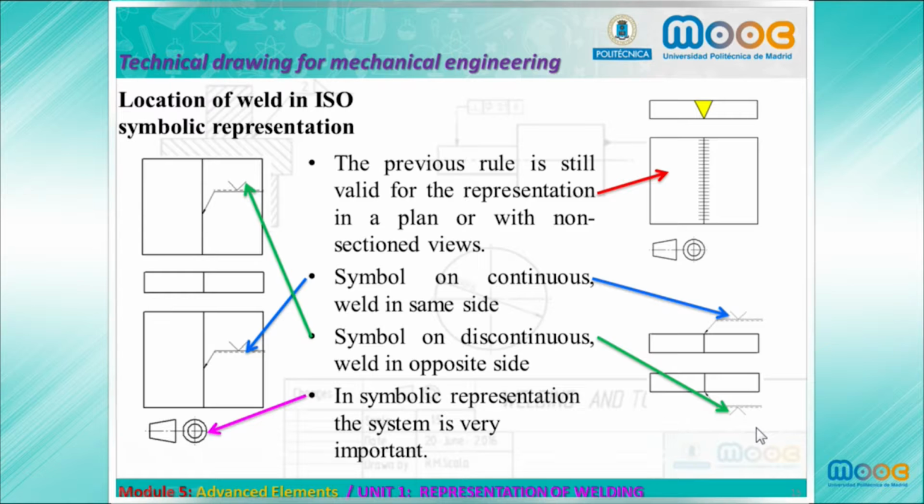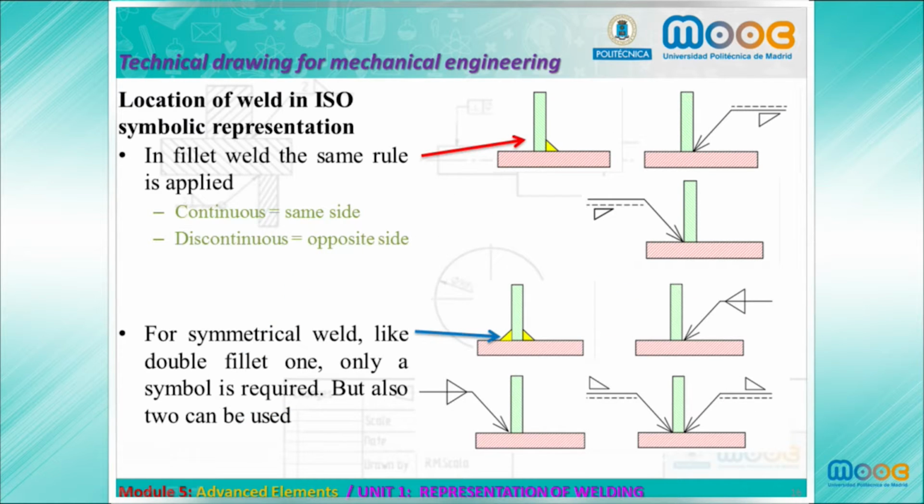When we use symbolic representation of weld, we have to take a lot of care about the system of representation. That is, if we are using the American or the European representation system. Well, for fillet weld, the same rule is applied.